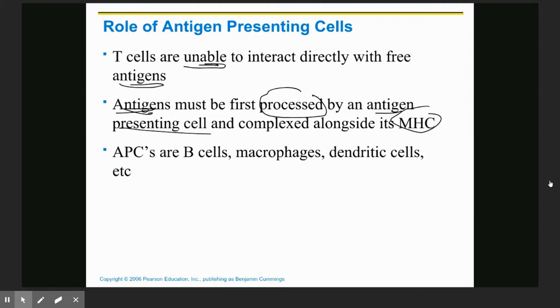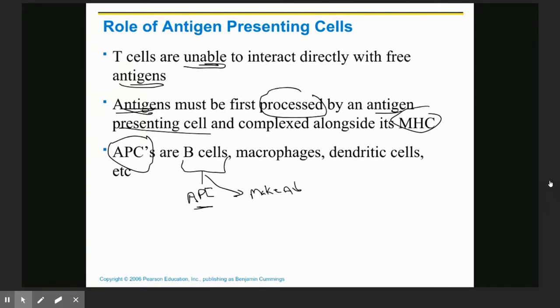If we look at antigen presenting cells, there are several different types, but one of them we've already talked about, and that's B cells. So B cells have 2 roles, sort of. One is they're an antigen presenting cell, but remember, they're also going to turn into plasma cells and make antibodies. And we already know exactly how that happens.